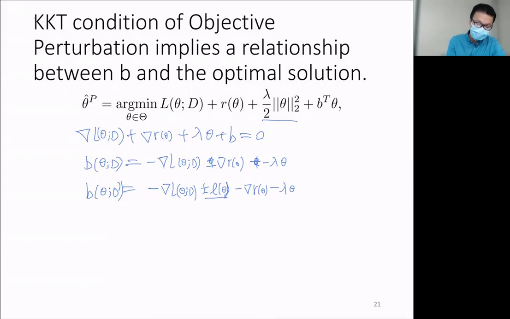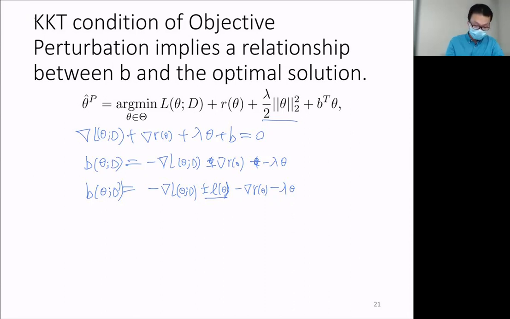What this function means is that suppose your data set is D and you are getting an output theta, and this is the noise that gives rise to this particular theta. Similarly, when your input data set is D prime and your output is theta, this is the noise value that actually gives you this particular output.